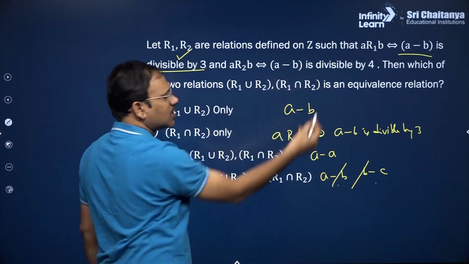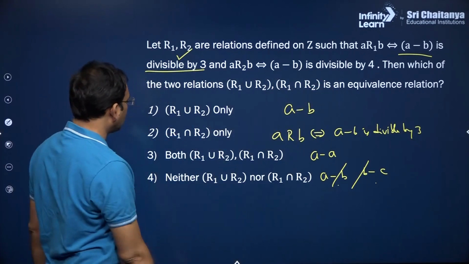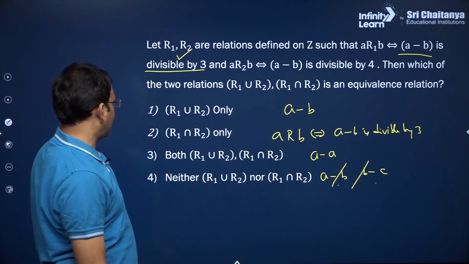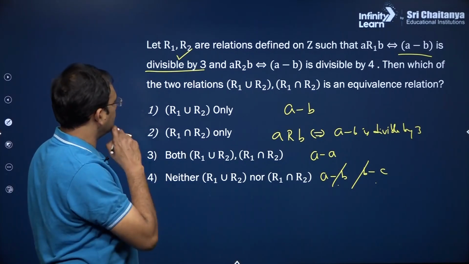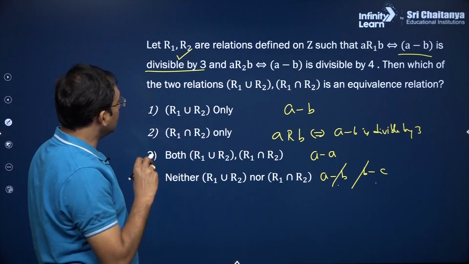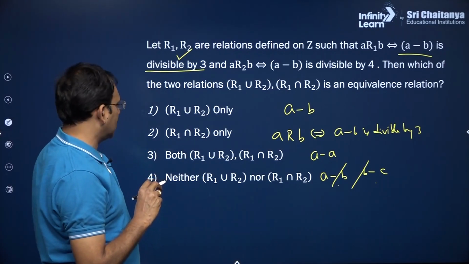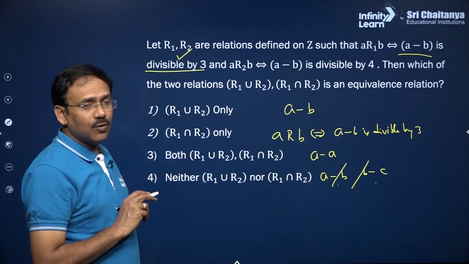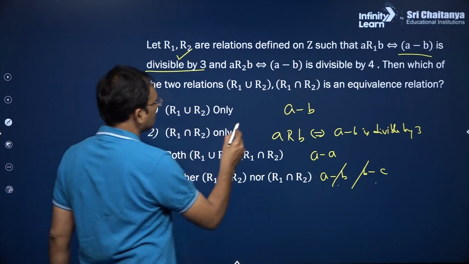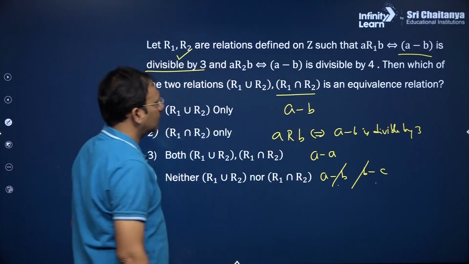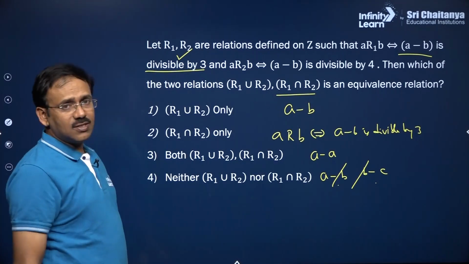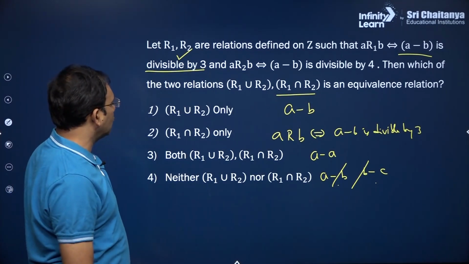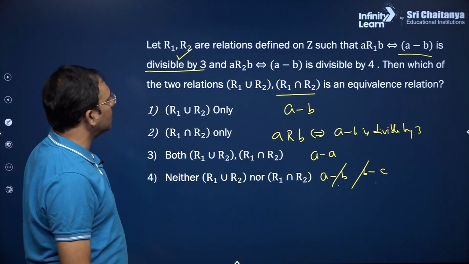Same logic, A minus B divisible by 4. So, both are equivalence relations, my dear friends. If R1, R2 are equivalence relations, then which of the following two relations are equivalence? You see, if R1, R2 are equivalence, R1 intersection R2 is equivalent and R1 union R2 generally may or may not be equivalent.